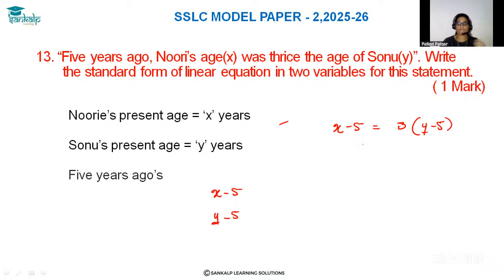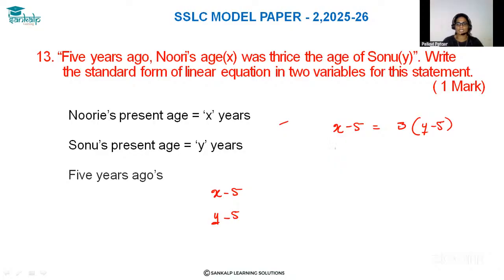So write it in standard form. So expand the equation and rearrange it into the standard form of linear equation in two variables.